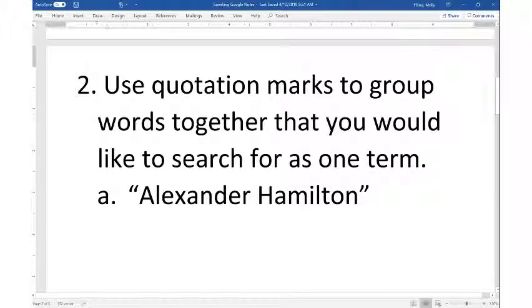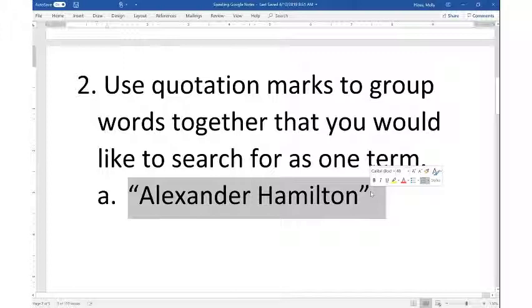But if I put quotation marks around it, like you see here, then it's going to search for Alexander Hamilton as one term. That's important because there's a lot of people named Alexander, and there's a lot of people named Hamilton, but there aren't as many people with the name Alexander Hamilton altogether.